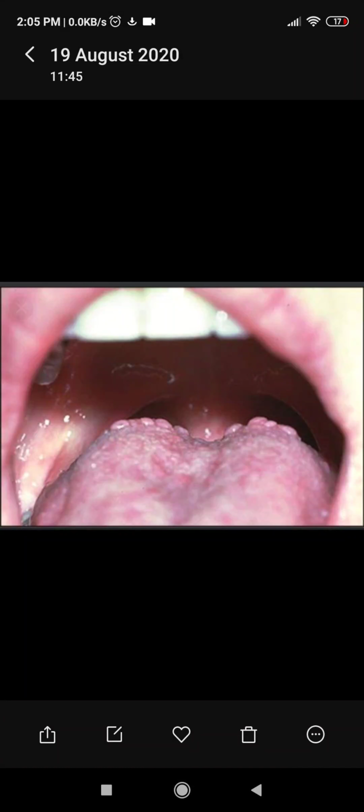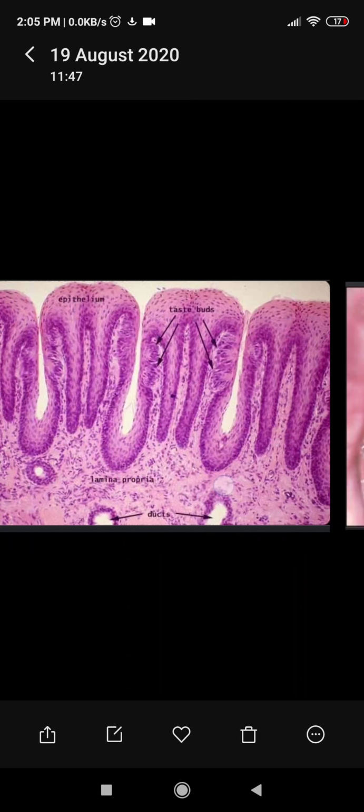They are present at the junction, as I have shown you before, and these are visible with the naked eye, and they have a special structure. They are rounded structures having a trench-like space around them, and in this space, on the lateral side of the papilla, lie the taste buds.